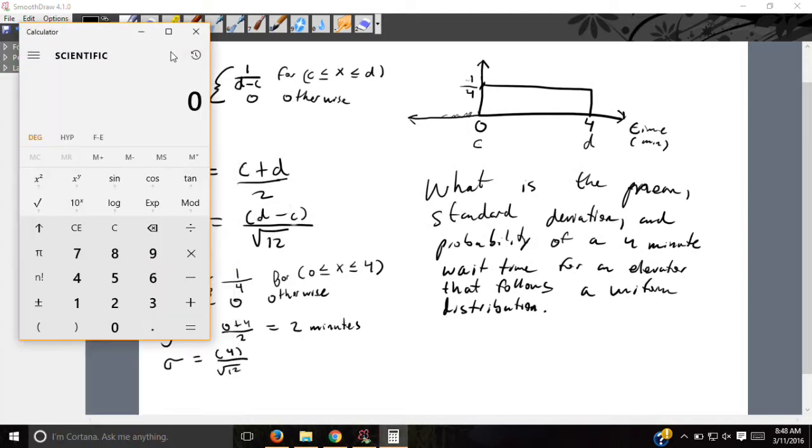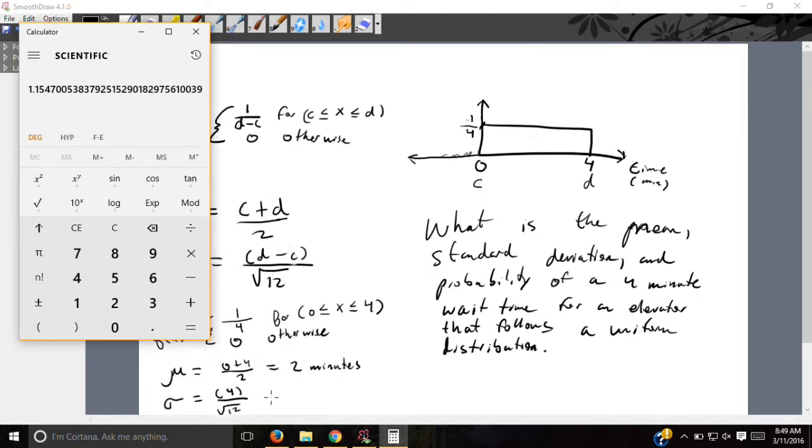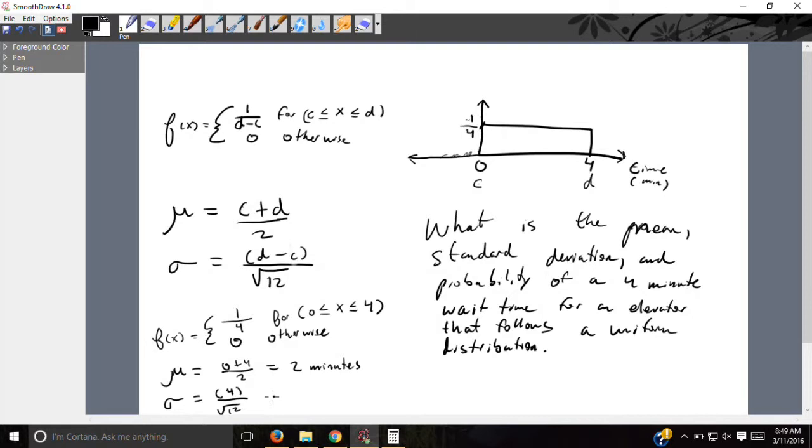I put in 4 divided by, parenthesis, square root of 12, close the parenthesis, and hit enter. And I get 1.1547. Okay, so that is our standard deviation.